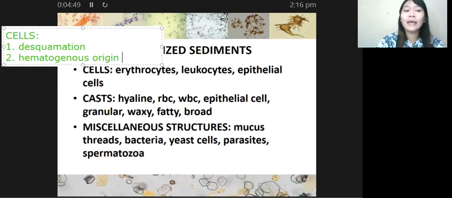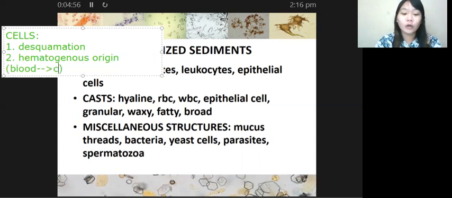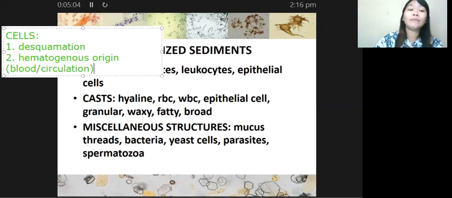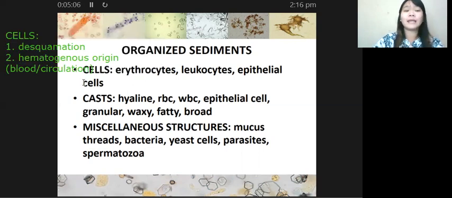So hemato, ibig pong sabihin, they come from the blood or they come from the circulation. So say for example, there is this particular condition which will compromise the integrity of the different blood vessels which are present in your urinary system.